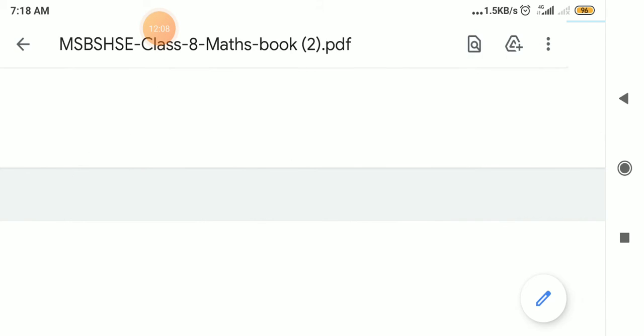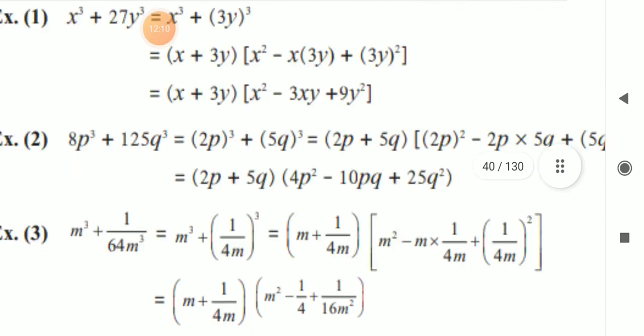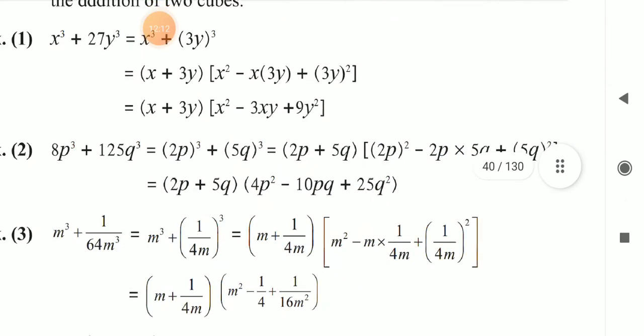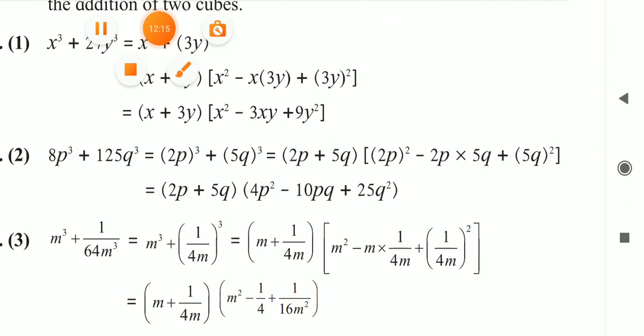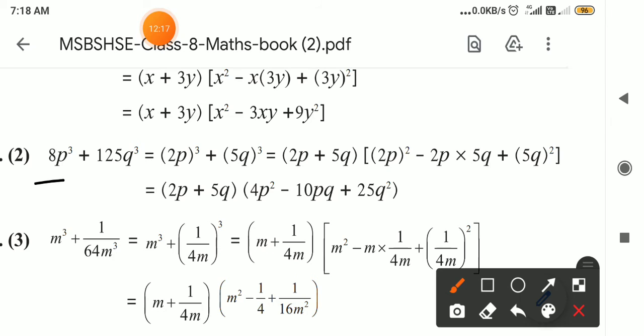Here also, the second example I will explain here only. See here, 8p cube and 125q cube. 8 is the cube of 2, so (2p) cube.